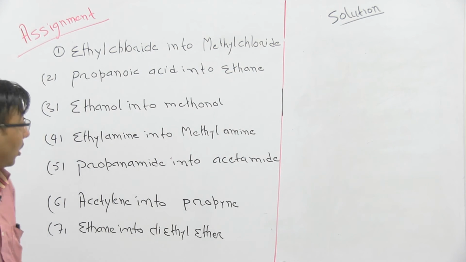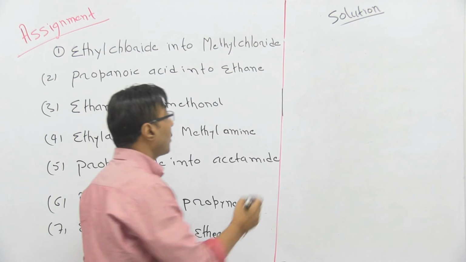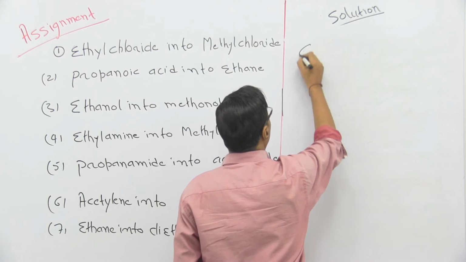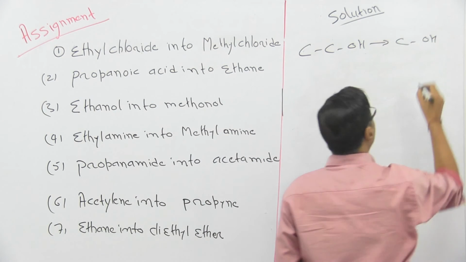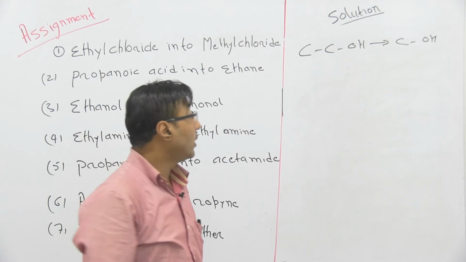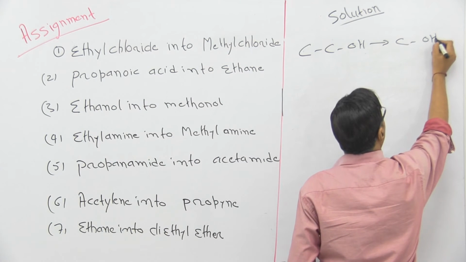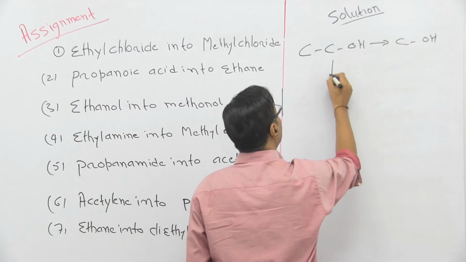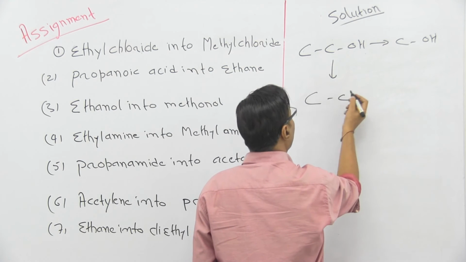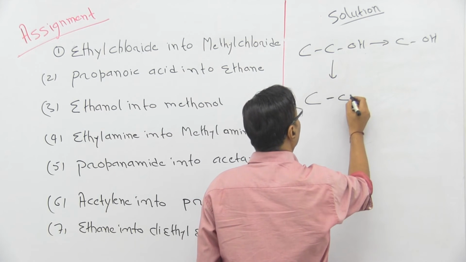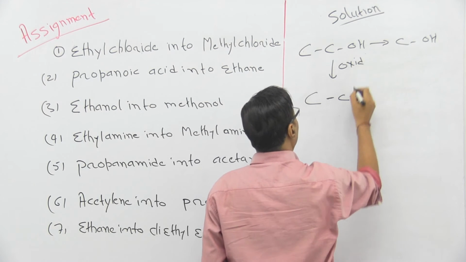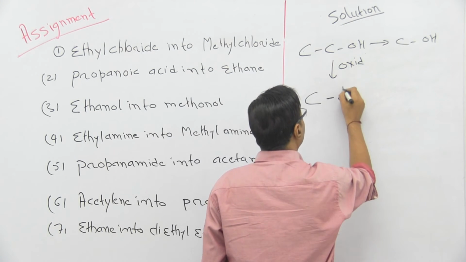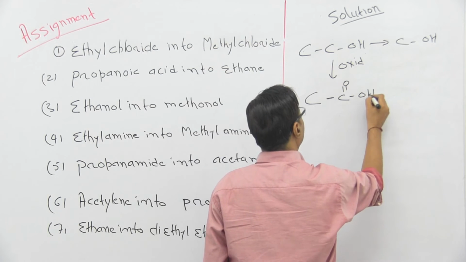I think you can solve ethanol into methanol. Same problem here, ethanol into methanol. CCOH to COH. We have to convert this part. Oxidize this part, it will become acid.